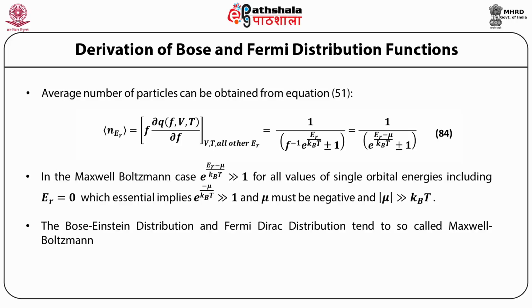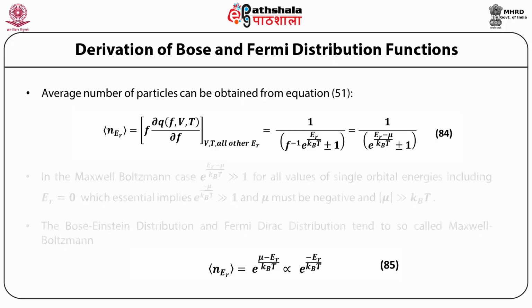The Bose-Einstein and Fermi-Dirac distributions then tend to the so-called Maxwell-Boltzmann distribution, which is nothing but mean value of n_er is equal to e raised to power mu minus er upon kBT, which is proportional to e raised to power minus er upon kBT.